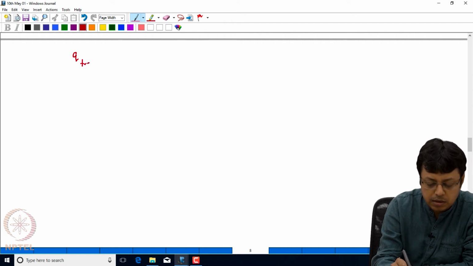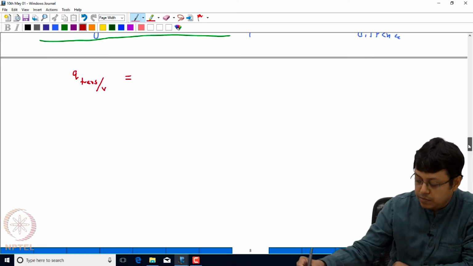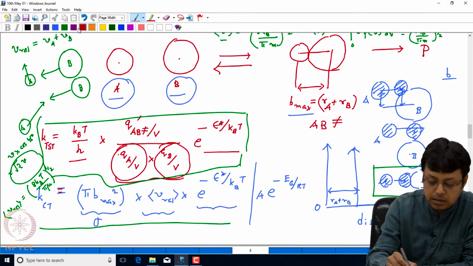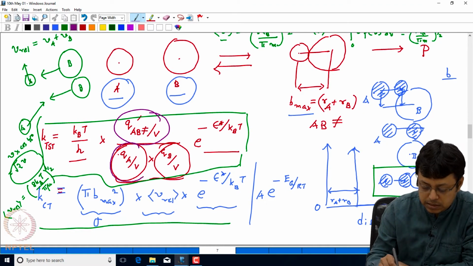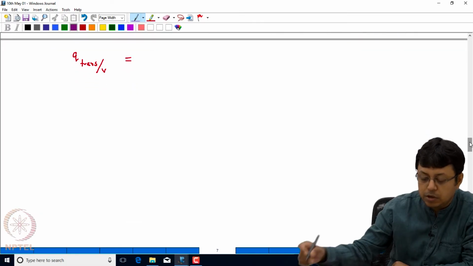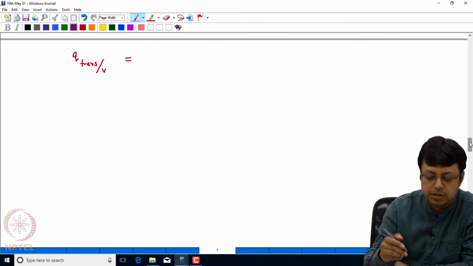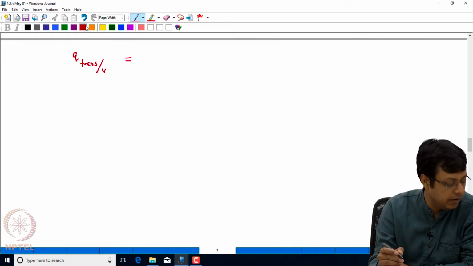So we know Q translation, and usually the translational partition function is expressed per volume, and that's why you see here that for both the transition state as well as the reactants, we have written partition function per volume. But this volume part gets associated with the translational part. So Q translation is nothing but this divided by volume.